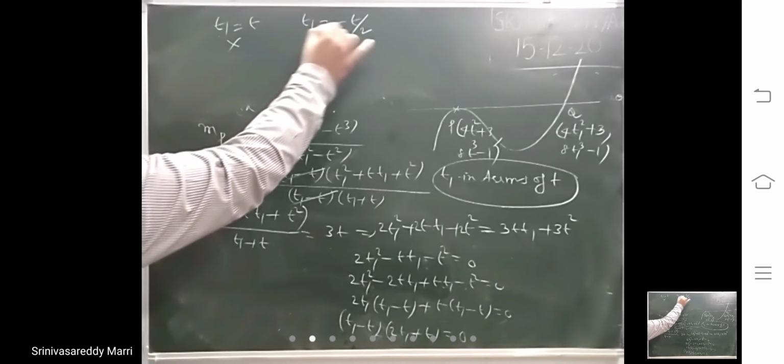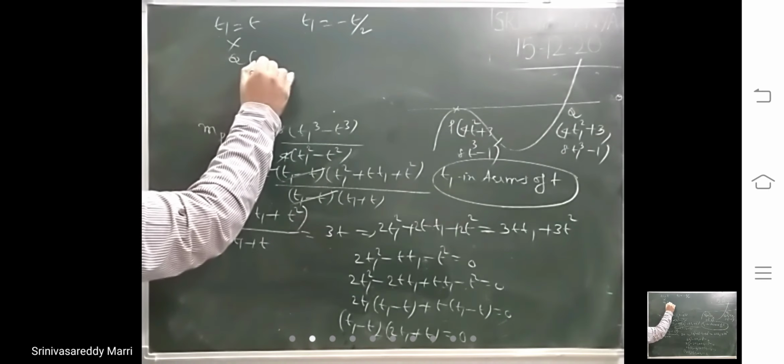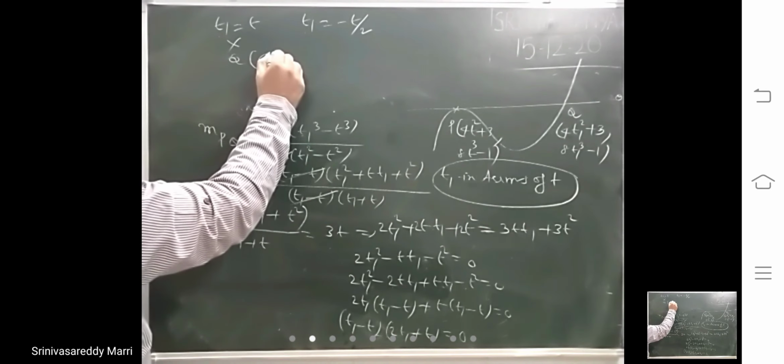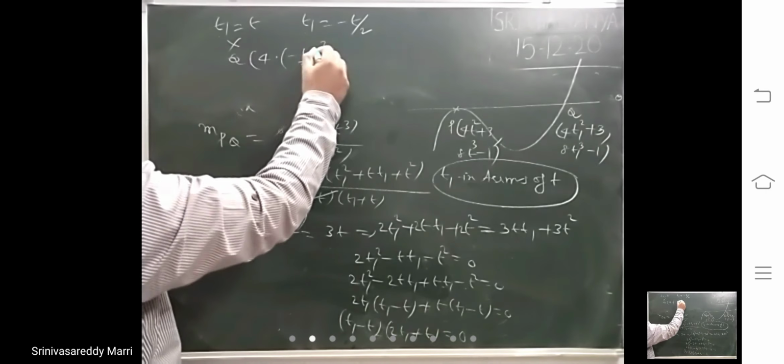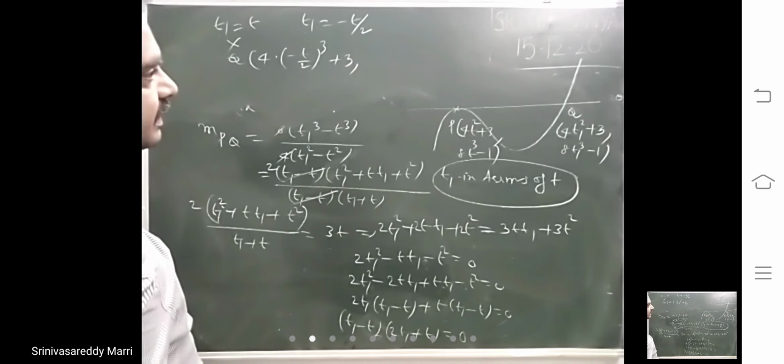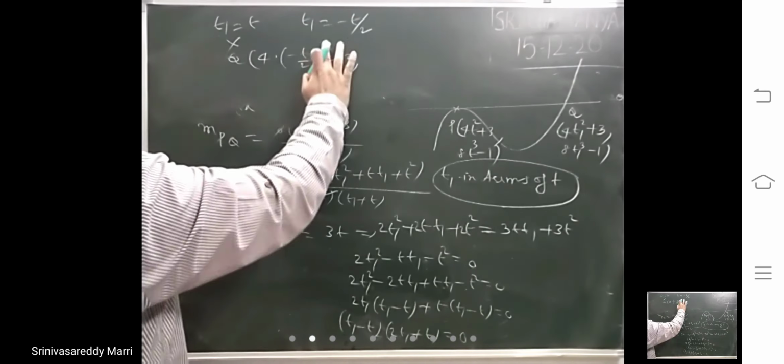So if t1 equal to minus t by 2, then Q point is nothing but 4 into minus t by 2 whole square plus 3 comma 8 into minus t by 2 whole cube minus 1.